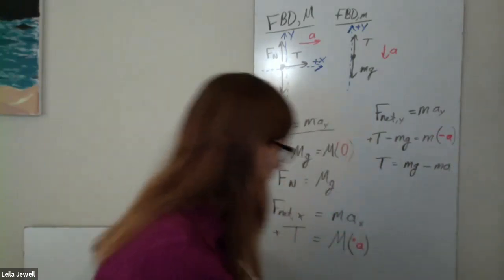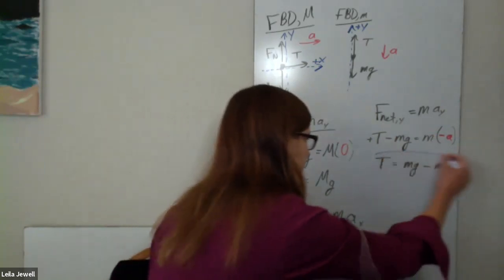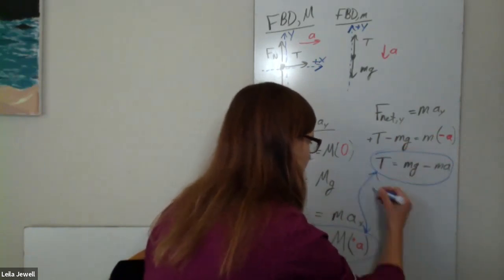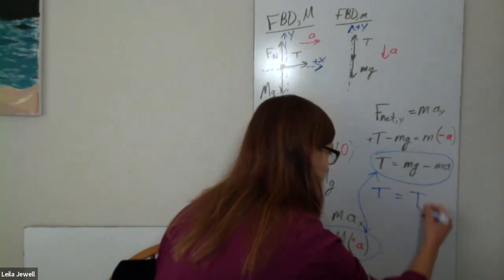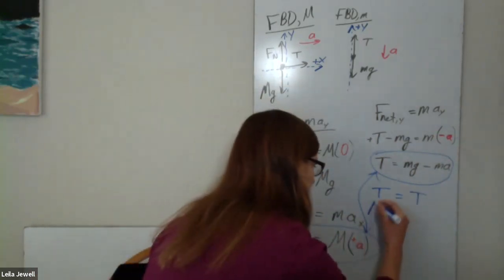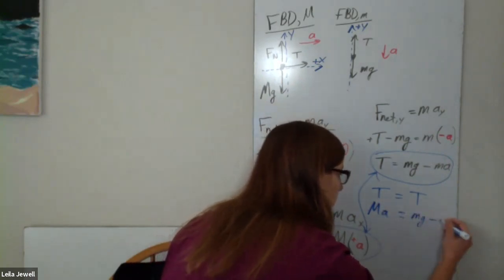So if we set these two equations equal to each other, because tension is equal to tension, then we can plug in big Ma is equal to little mg minus little ma.